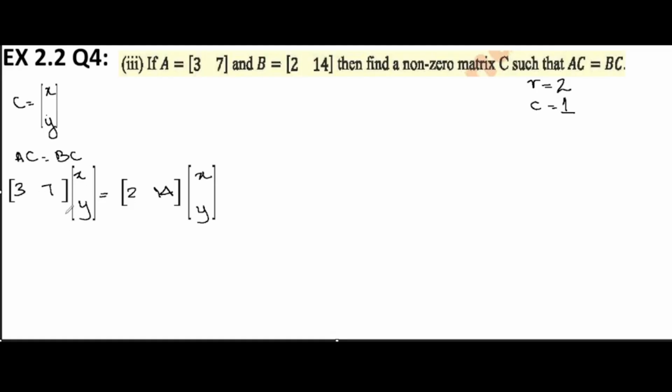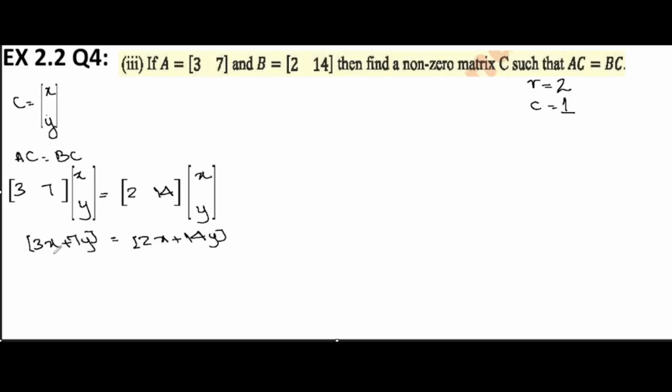There is only one row and one column, so we multiply them with each other: 3x plus 7y in the form of a matrix is equal to 2x plus 14y in the form of a matrix.